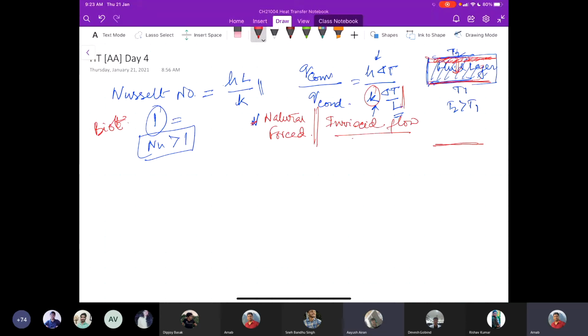Means Ts we are assuming is the surface temperature. Right. That is what I told that time also, that this is an approximate relation in order to estimate the value of h. Because we consider the assumption of the boundary layer that the velocity of the fluid touching the surface is 0. So that is a stagnant fluid.